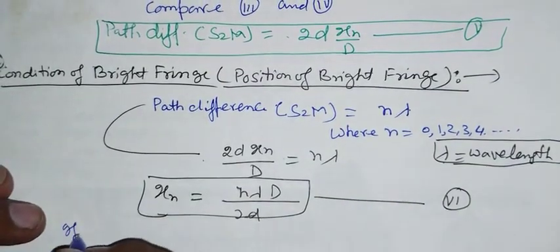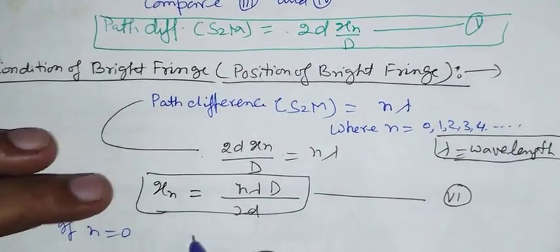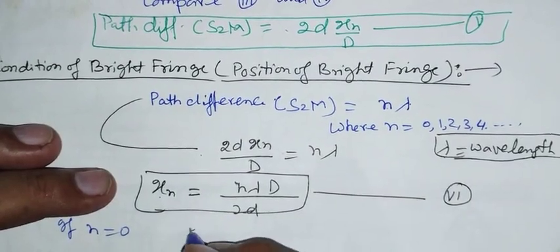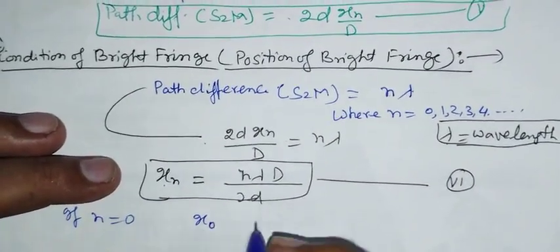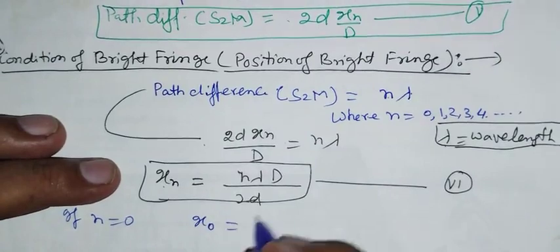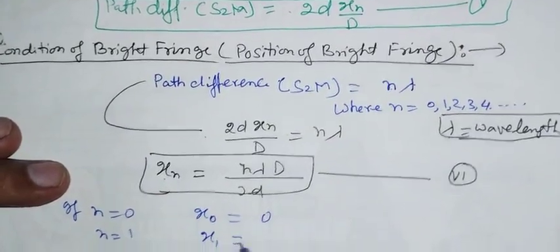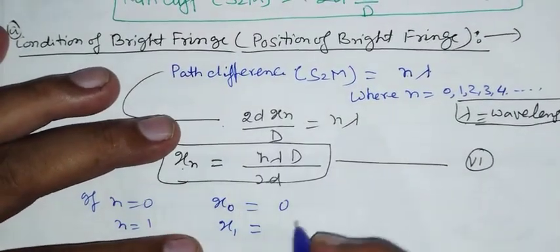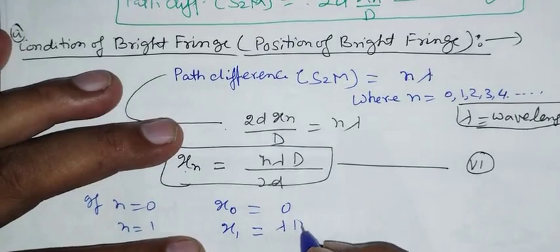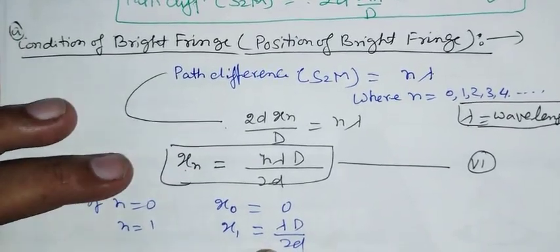Now let us see something we are going to calculate. First, if n is equal to 0, equation 6 can be written as x0 is equal to 0. N is equal to 1: xn is equal to lambda capital D by 2d.